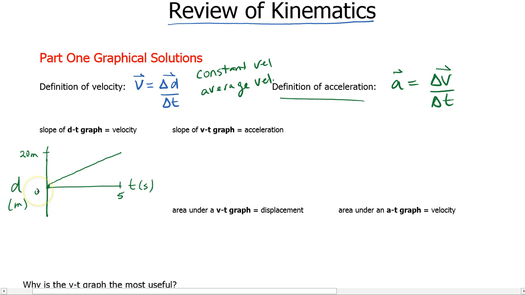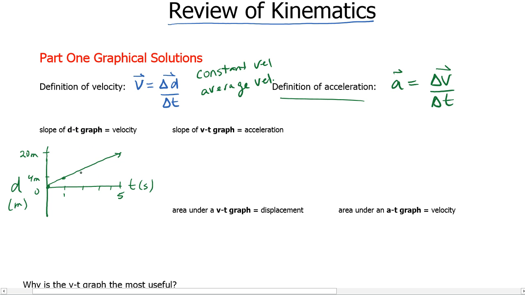If those were even, 1, 2, 3, 4, 5, then if it's going 20 meters in 5 seconds, it goes 4 meters each second, assuming a constant velocity. And we'll say it continues to move here.